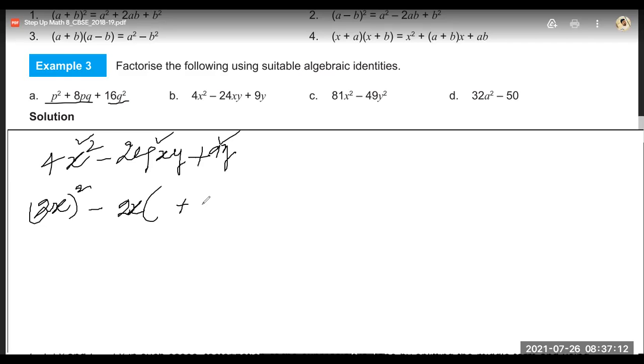This one is looking a little different. I think this must be 9y squared. 2 into 2 into 3 is 12. Just a minute.